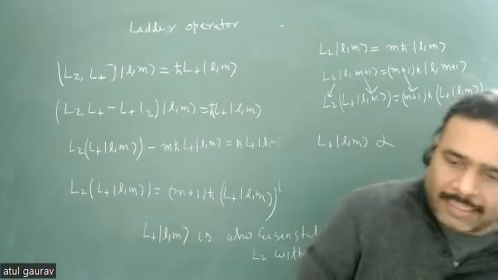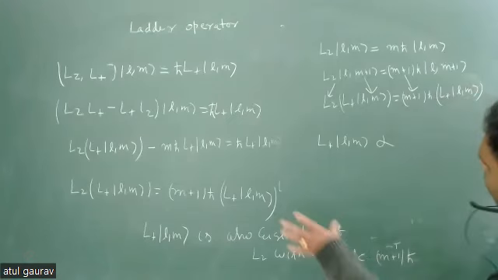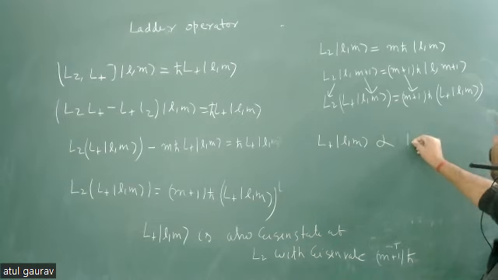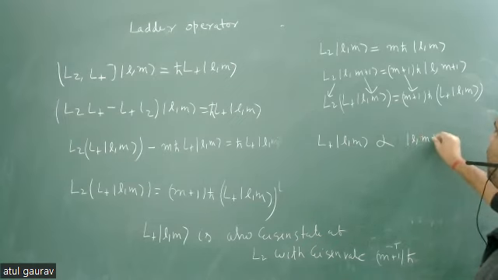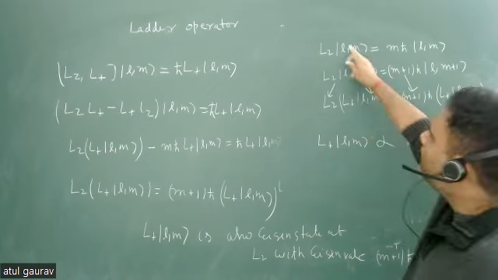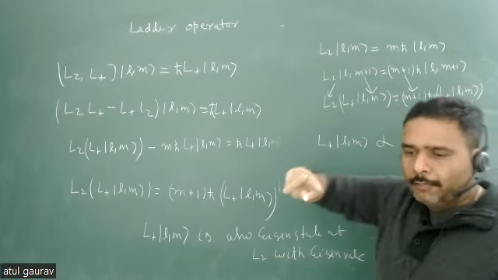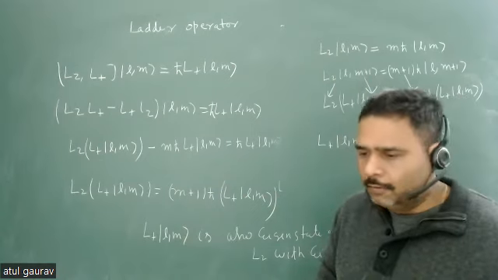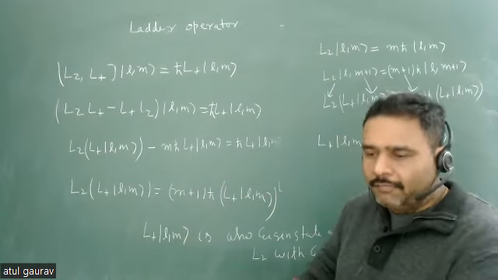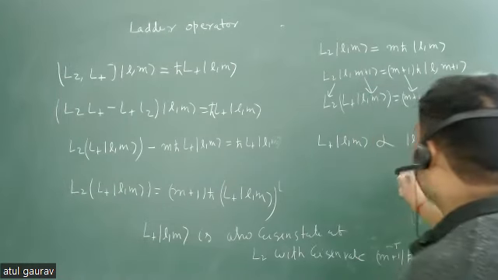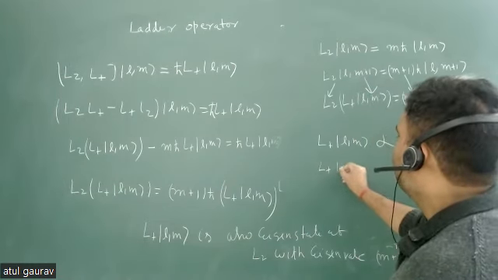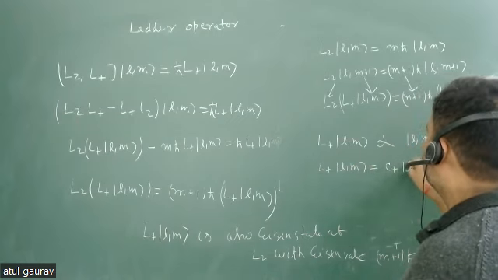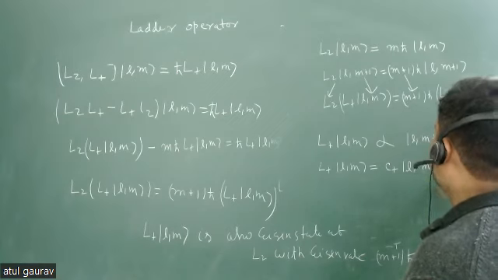I am not claiming that it is normalized, I am just saying it is parallel to that one. Please note, I am not changing l, because l is independent and is only associated with L square, so there is no sense in changing it. So L plus |l m⟩ is nothing but C plus |l, m+1⟩.